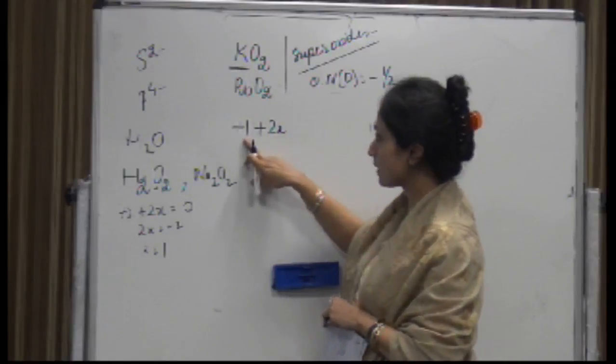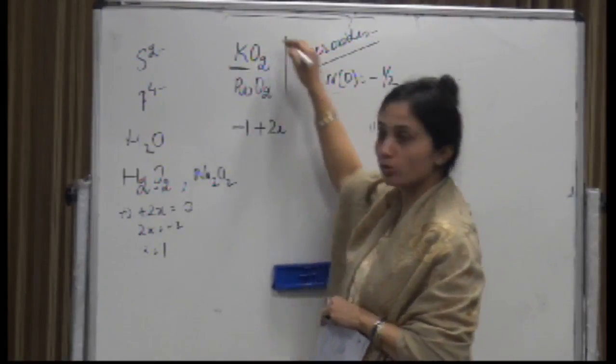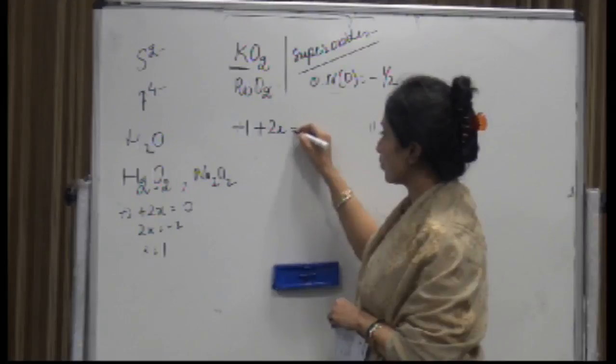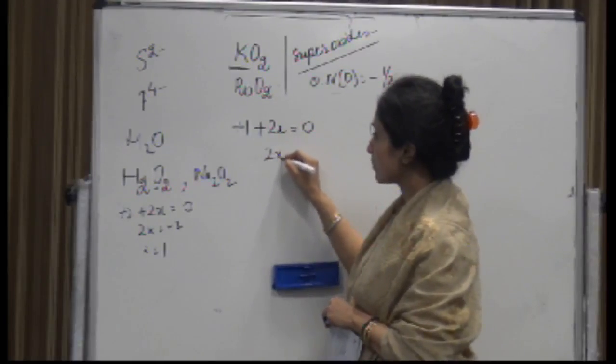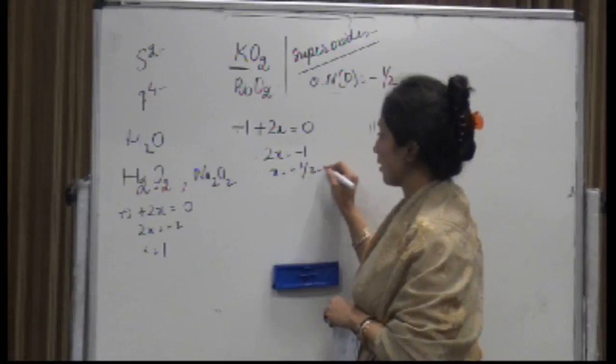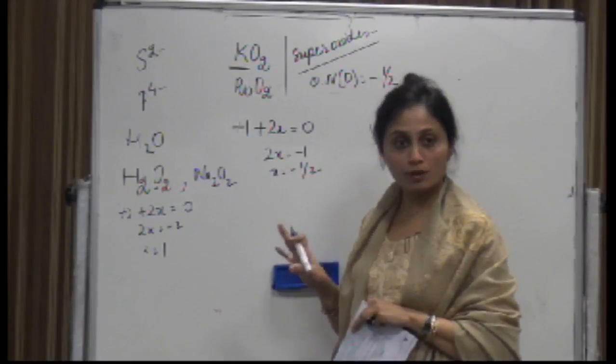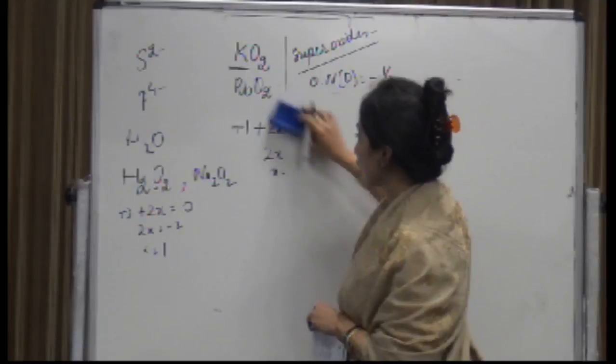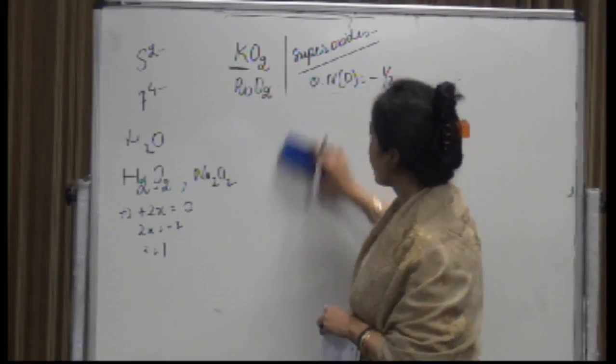So +1 plus 2x, the overall molecule is neutral, so that will be equal to 0. So 2x will be equal to −1, x is equal to −1/2.